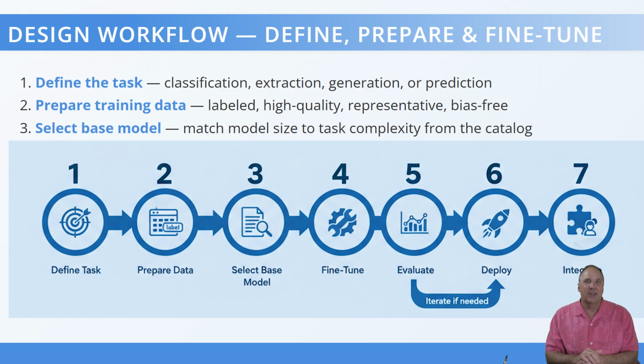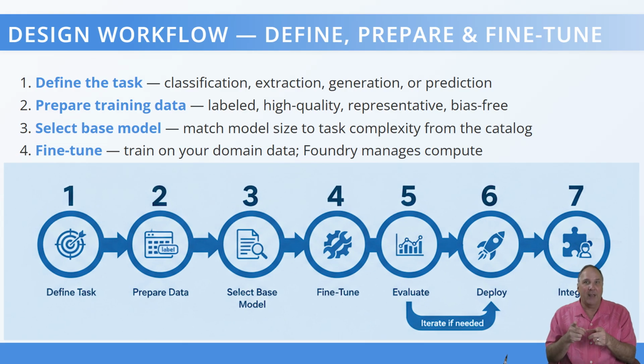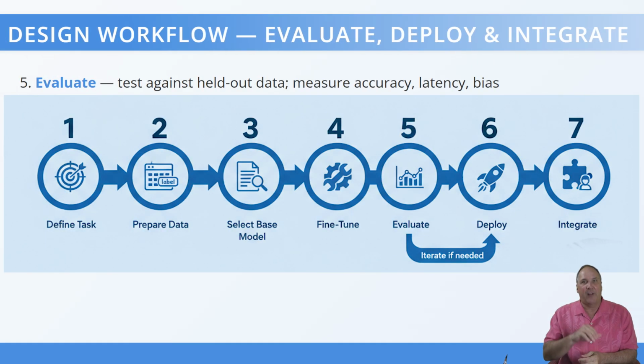Step 3, select a base model from the catalog. Match the model size to the task complexity. Step 4, fine-tune. Upload your training data, configure hyperparameters, and run the training job. Foundry manages the computation.